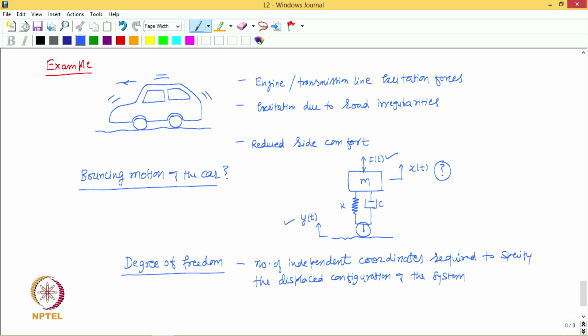In this case, based on this model, we require only one coordinate x(t) to describe the displaced configuration, and hence this model is a single degree of freedom model, abbreviated as SDOF, that is, single DOF model. Degree of freedom we will also abbreviate as DOF.